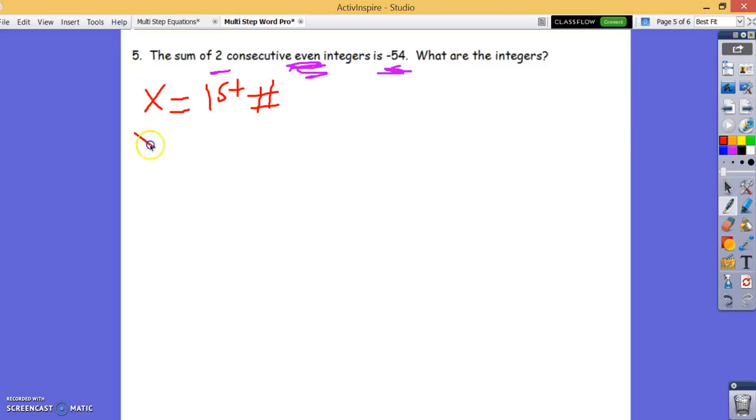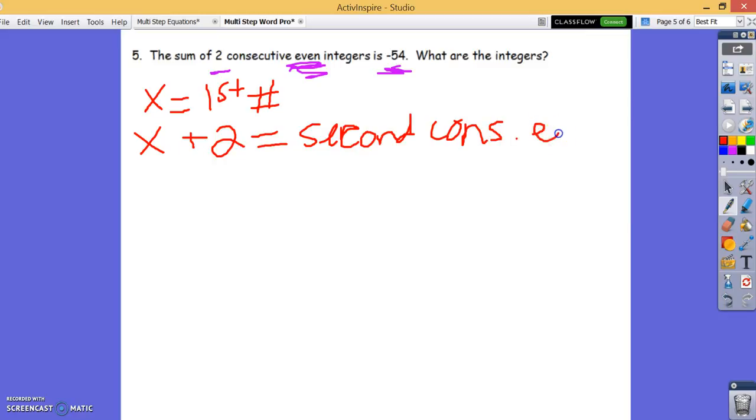So what I'm doing here is I'm saying x plus 2 is the second consecutive even number, or you could even say integer. Okay, now I know that these are going to add up to be -54.